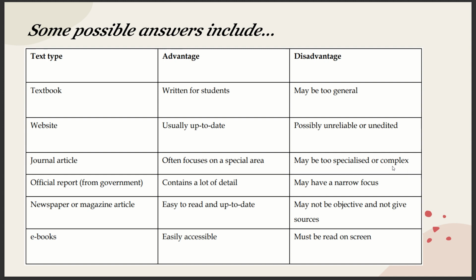Of course, the language inside a journal article might be more complex than a textbook and a website for many reasons. One, the target audience for the journal article is other professors, other researchers, people who are already in the field. And for them, complexity is key because you have to give very detailed information about one specialized area.